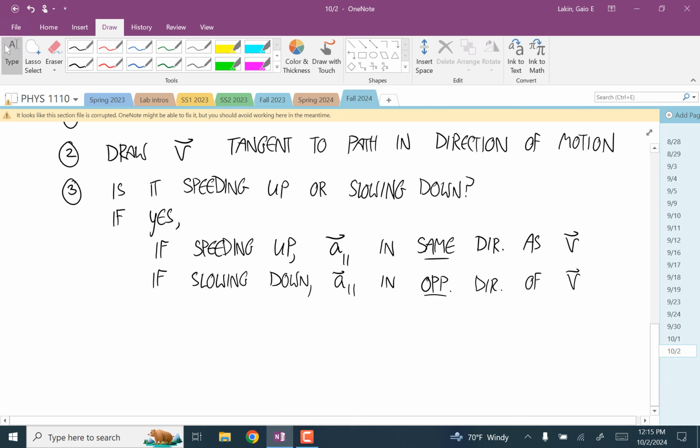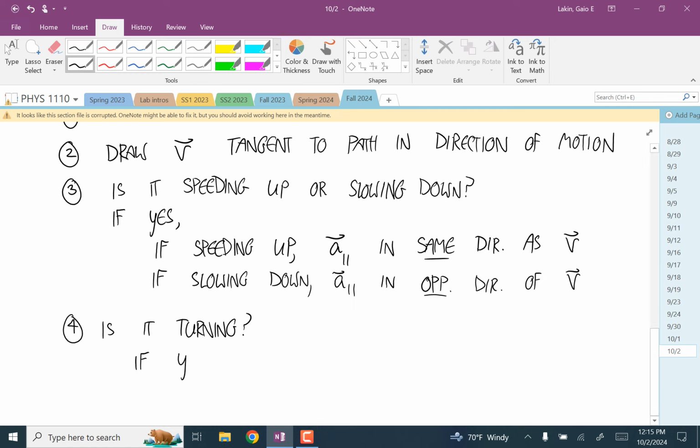Number 4. Is it turning? And how can you tell whether something's turning or not? Well, if its path is a curve, then it's turning. If the path is a straight line, then it's not turning.